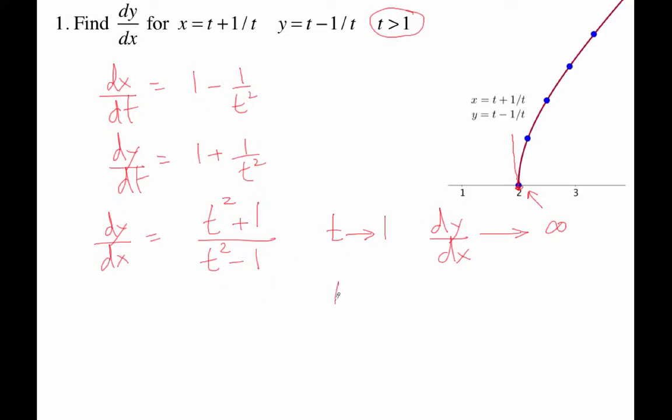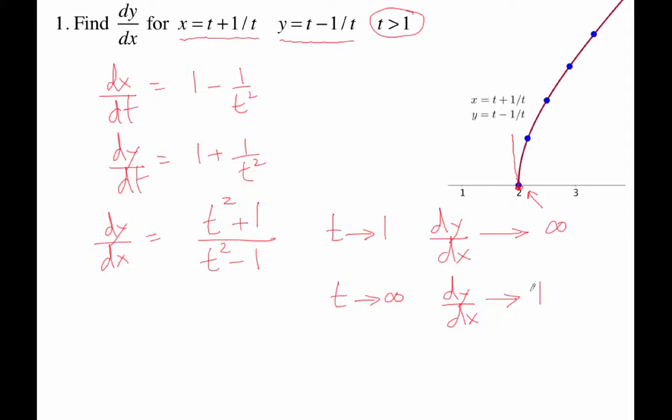What happens as t becomes larger and larger? In that case, we can see that dy by dx tends to 1. And equivalently, you could see from this formula over here that x would tend to t and y would tend to t also, because 1 over t gets negligible.